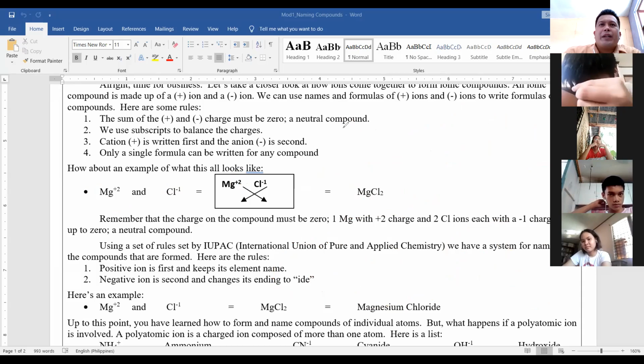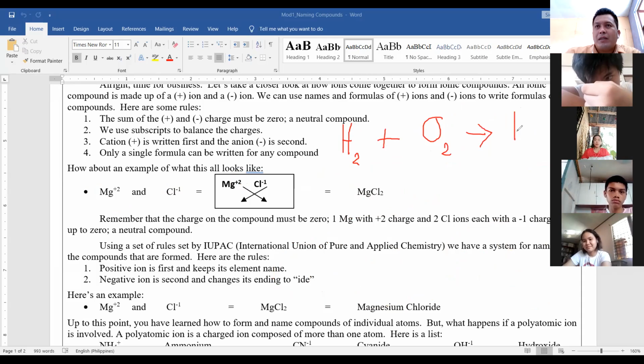But what if you're going to have the molecule of hydrogen added with oxygen? It will give you H2O, right? But how come it is H2O?